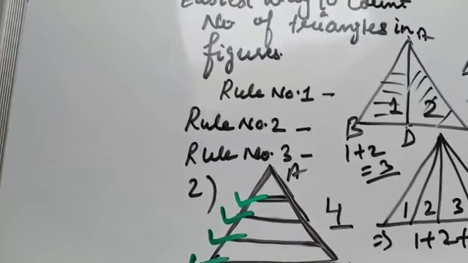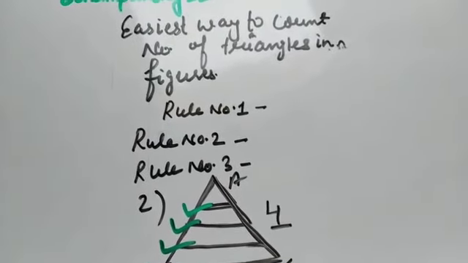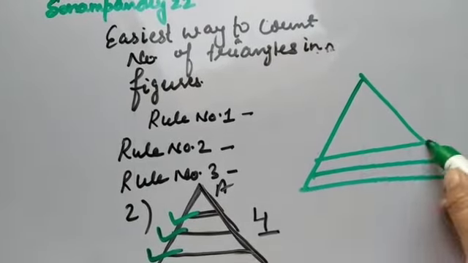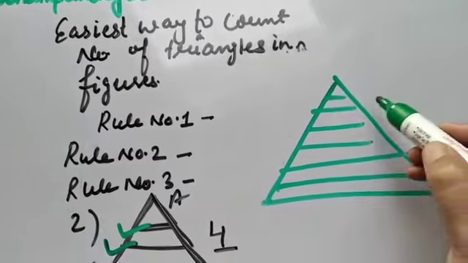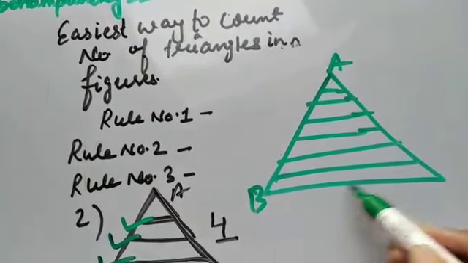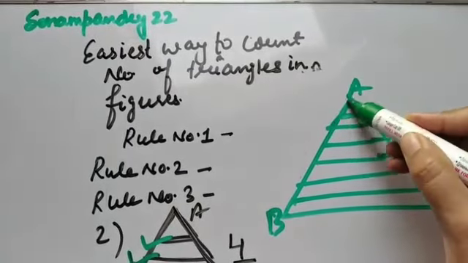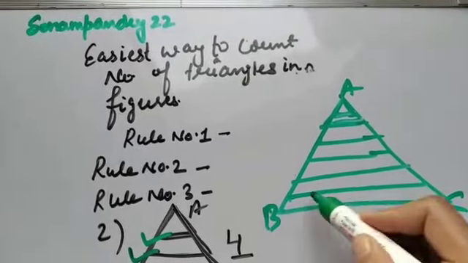Another example we can have. See, in this figure, triangle ABC, you will count triangle number 1, 2, 3, then 4, then 5, then 6, then 7.